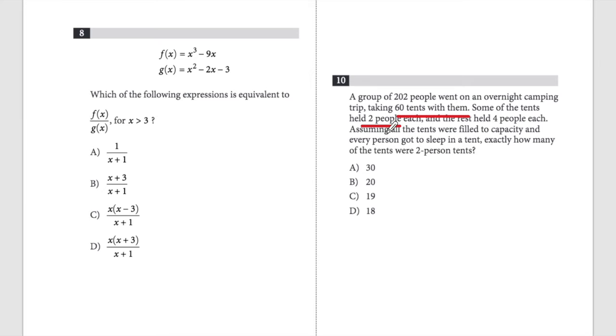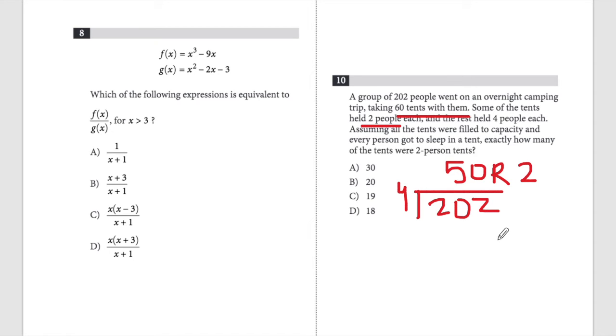In my recommendation, let's start with first dividing by 4. That's a simple way to do this. So we're going to do 202 divided by 4, and when I do that, I get 50, and then a remainder of 2.